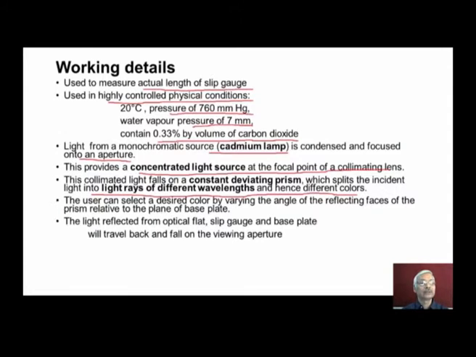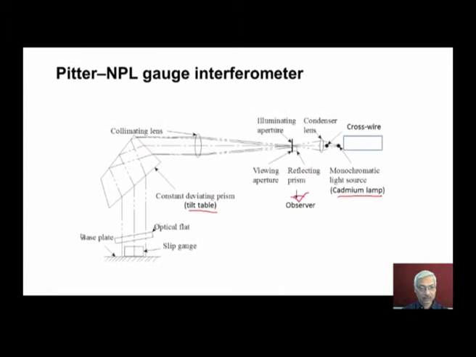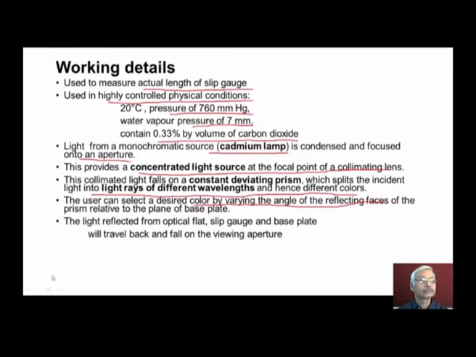And now we can always select a desired color by varying the angle of the reflecting faces of the prism. So we can observe here this constant deviating prism can be tilted to obtain the monochromatic light of a desired color.